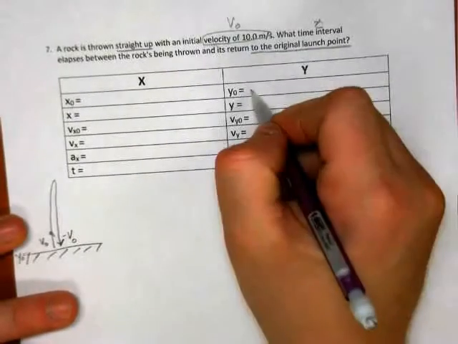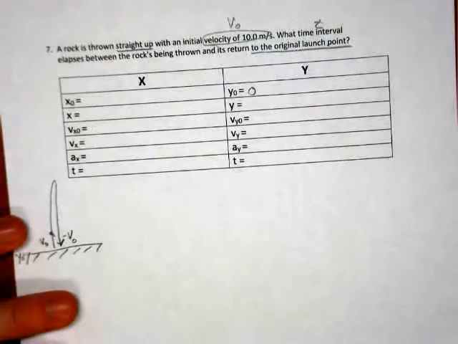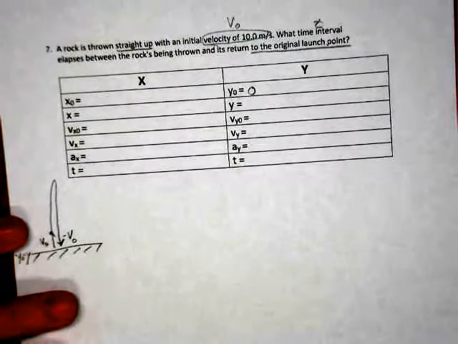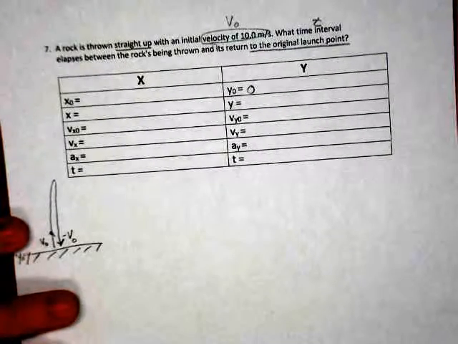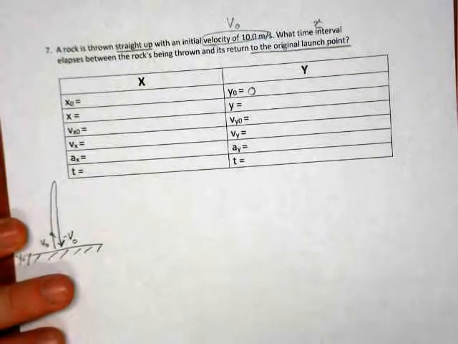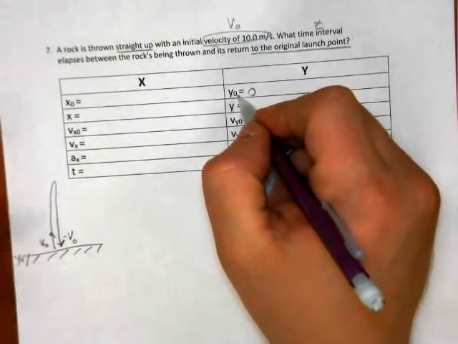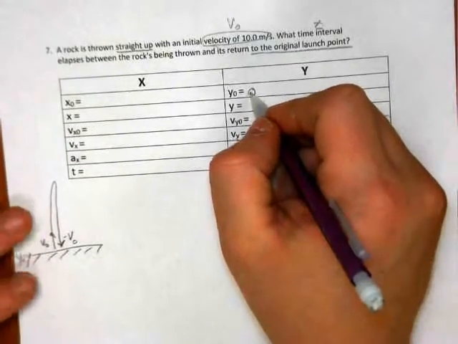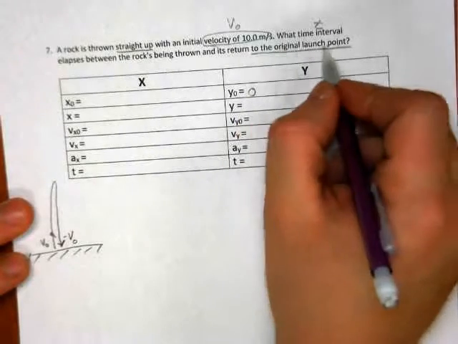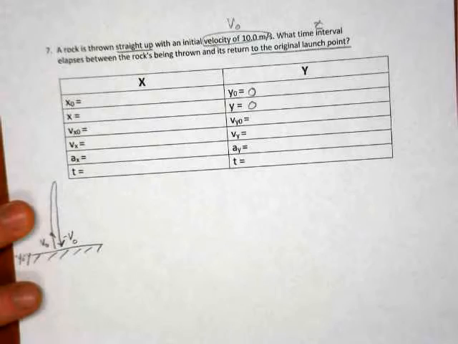So writing this down, we call Y0 0. Why do you do that? Well, you can define the origin anywhere, but we normally want to define something as 0 because it makes the math easier. A term drops out. So we, of course, choose y0 to equal 0, but we know that it returns to the original launch point, so we can also choose y as equal to 0.